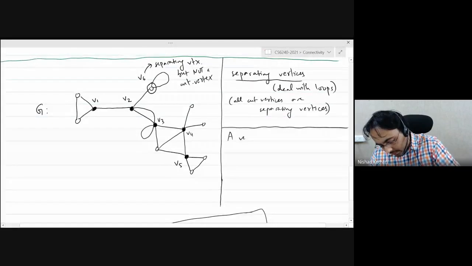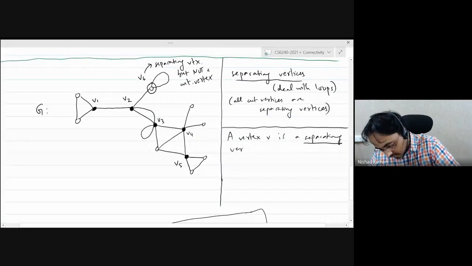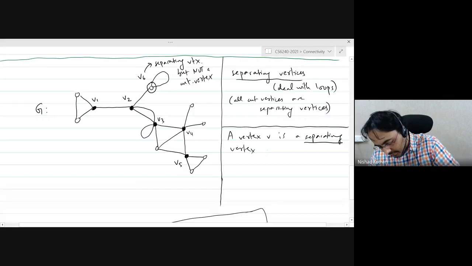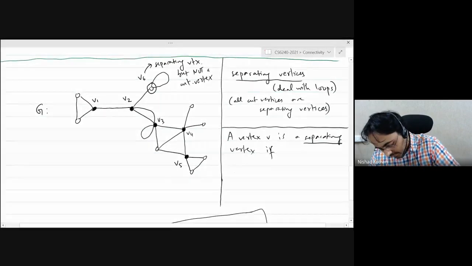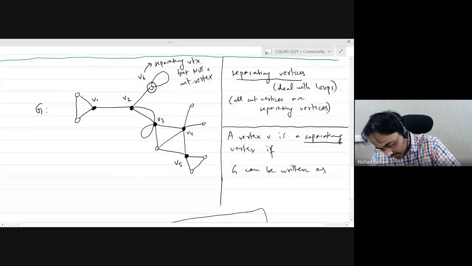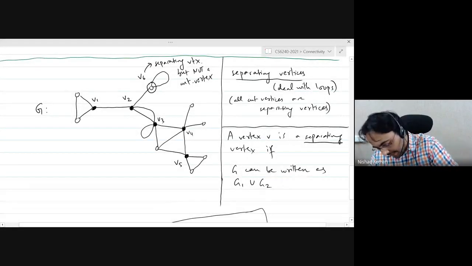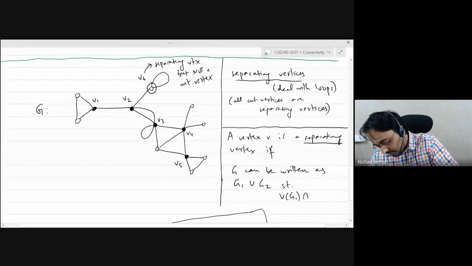So a vertex V is a separating vertex of a graph G if the graph G can be written as G1 union G2, a union of two graphs such that the only common vertex is the vertex V itself, and there are no common edges.